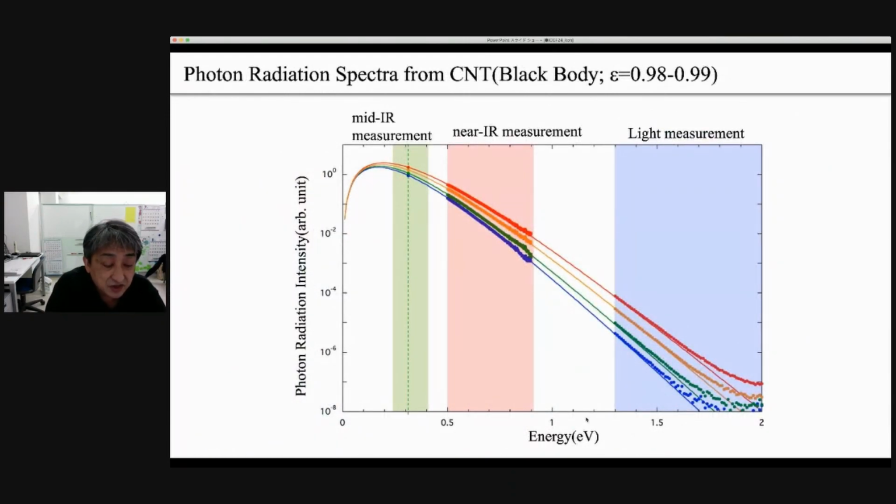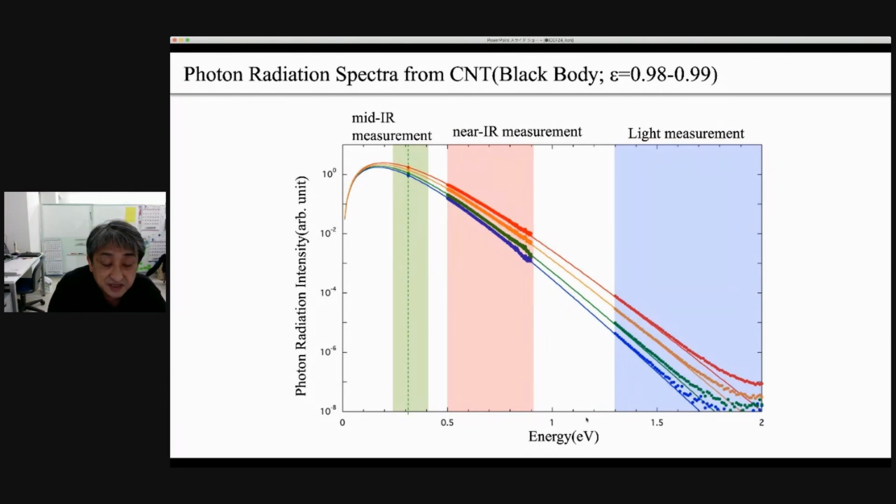This is an example of measurement of light emissions. This is radiation from the standard sample using carbon nanotube. The emissivity is from 0.98 to 0.99, and it can be regarded as a black body.